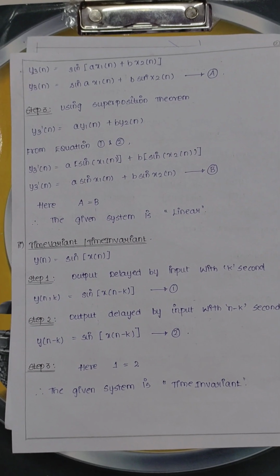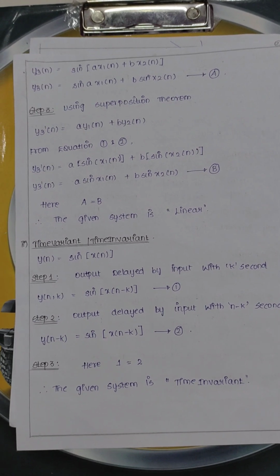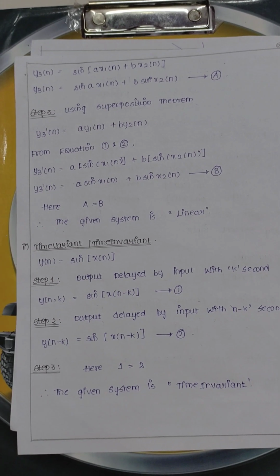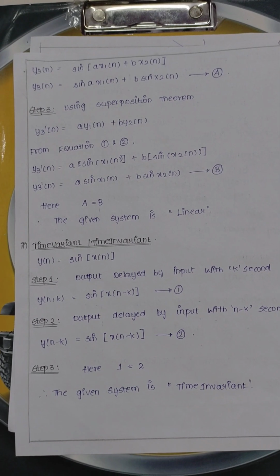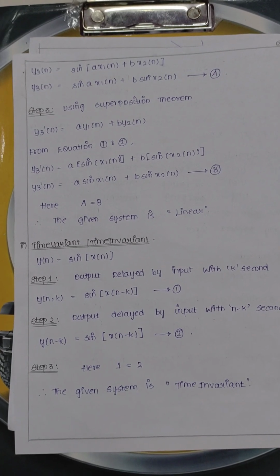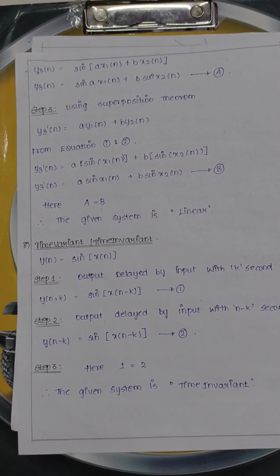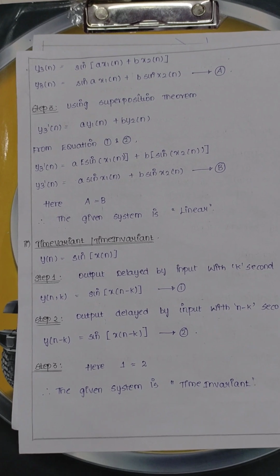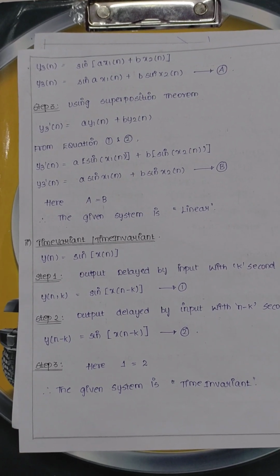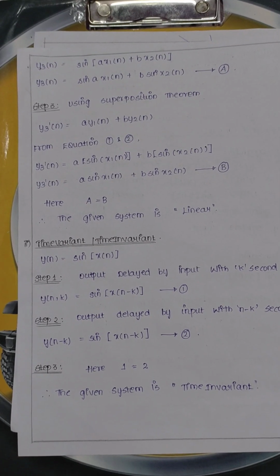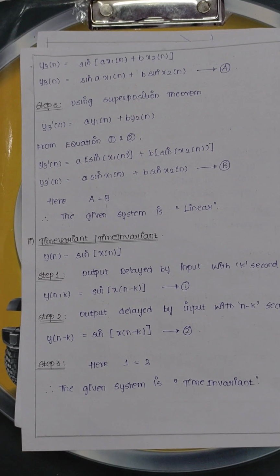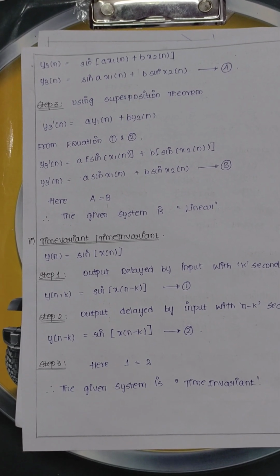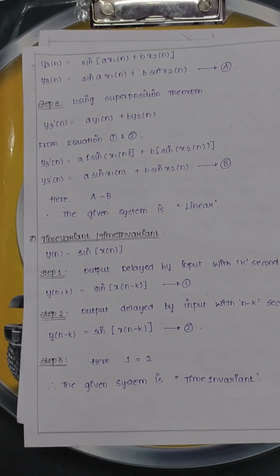Take the next RHS part. I am considering a y3 dash of n. So y3 dash of n is equal to a y1 of n plus b y2 of n. Take this and substitute equations number 1 and 2. y3 dash of n is equal to a into sine x1 of n plus b into sine x2 of n.